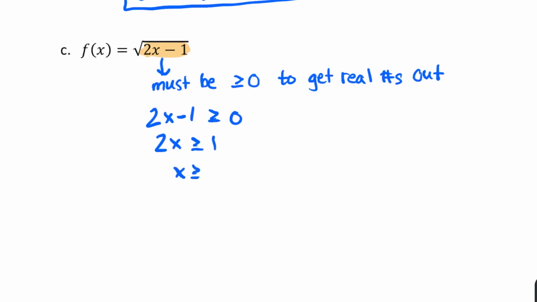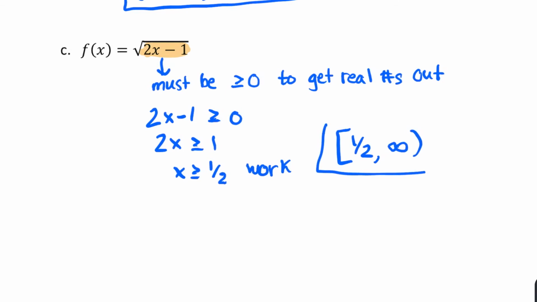So add 1, divide by 2. X values greater than or equal to 1/2 are going to give you positives inside your radical, so real numbers out. One reminder, this was a square root. If it had been a cube root or a fifth root, an odd root, then we'd get real numbers out no matter what, and it'd just be negative infinity to infinity.